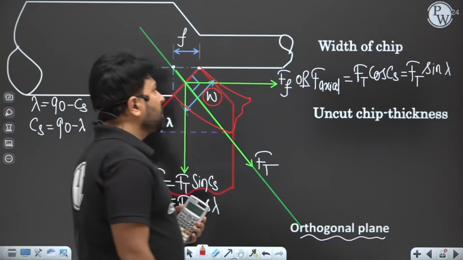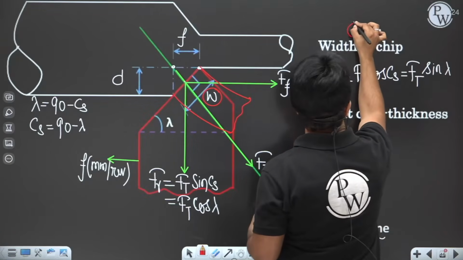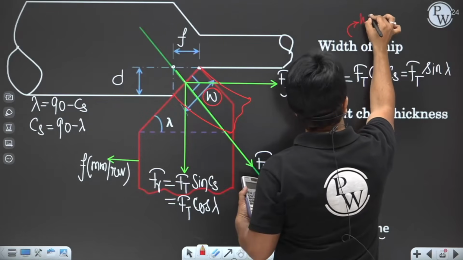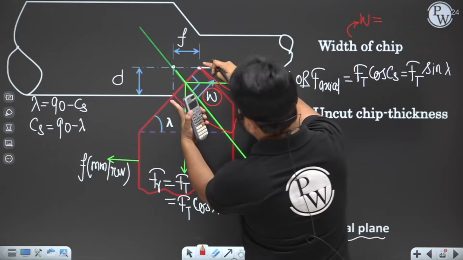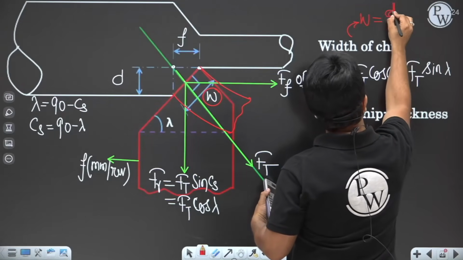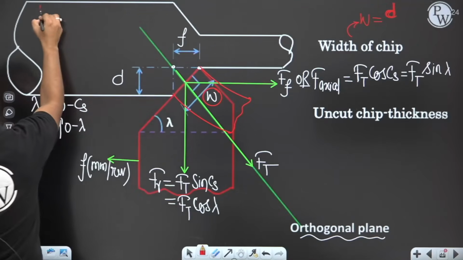You have to remember that the width of the chip is W, which is d divided by sine of lambda, where d is the depth of cut.